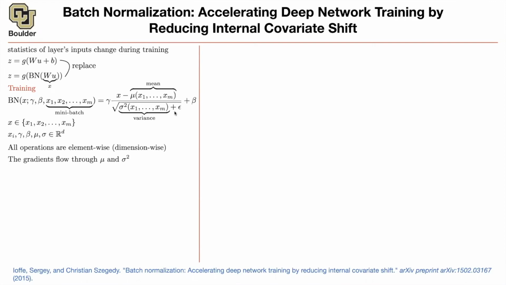It's the total gradient. This is a minor detail, but it's very important, because if you put stop gradients here, in TensorFlow you have an operation called tf.stop_gradient, and if you do it on these two, you're going to get into trouble.